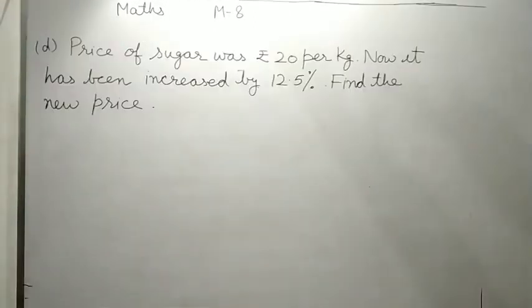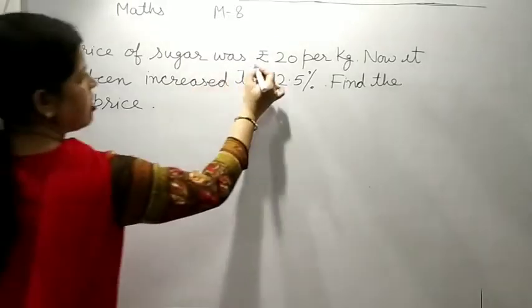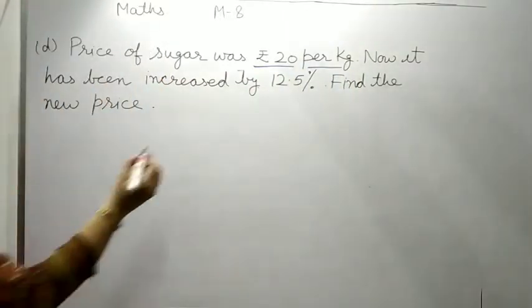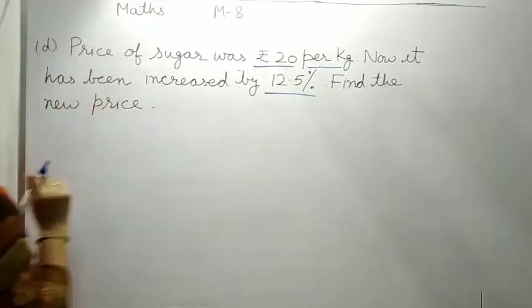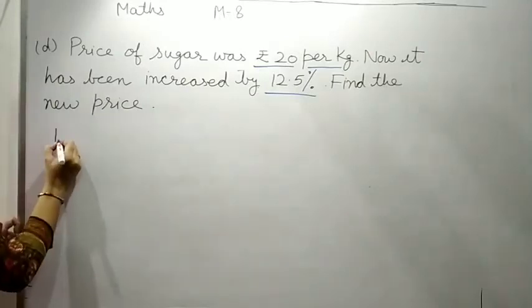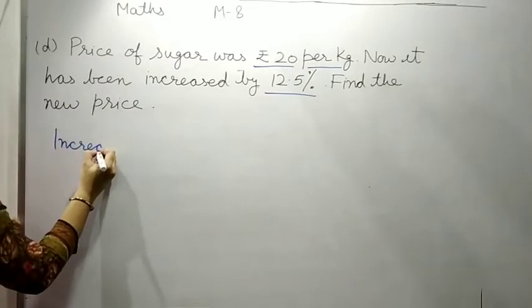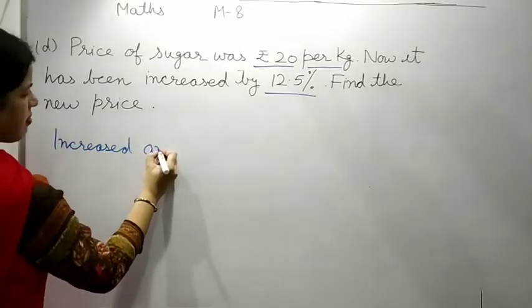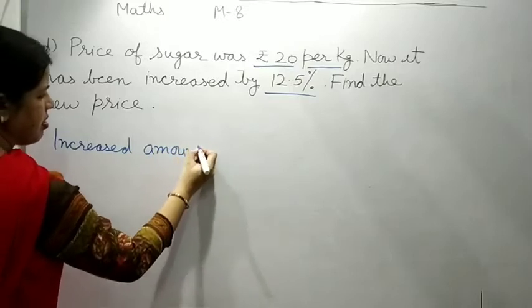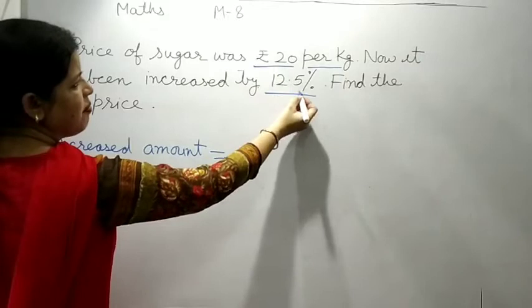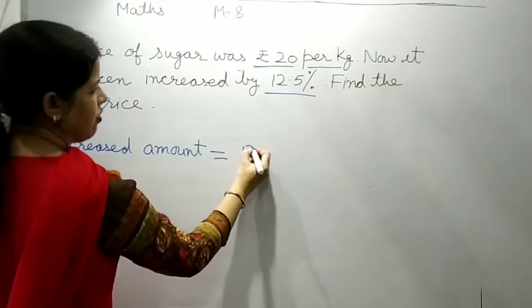Now the next question is, price of sugar was rupees 20 per kg. Okay. Now it has been increased by 12.5%. Find the new price. So first you find the increased price, the increased amount, and that is equivalent to 12.5% of rupees 20.